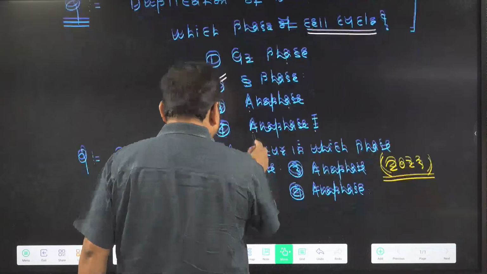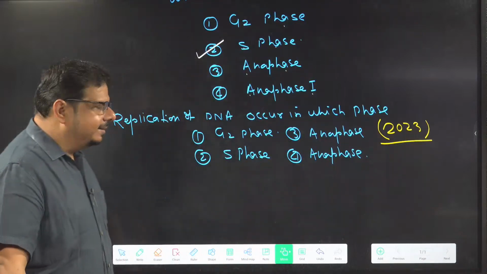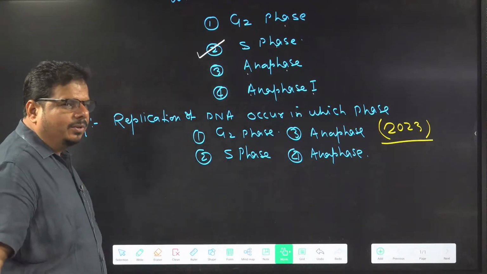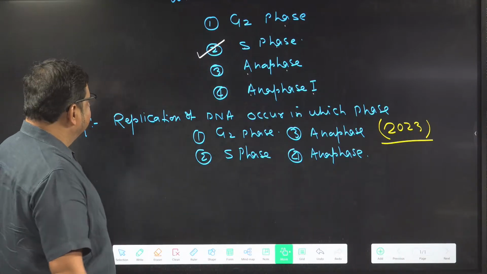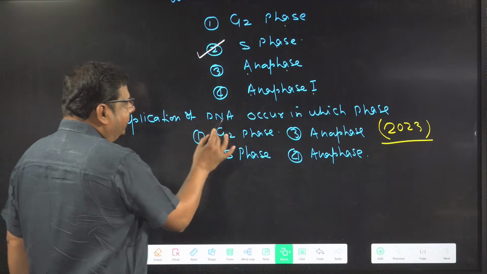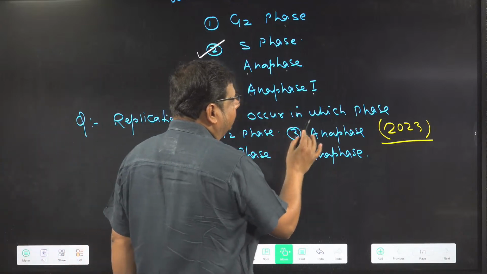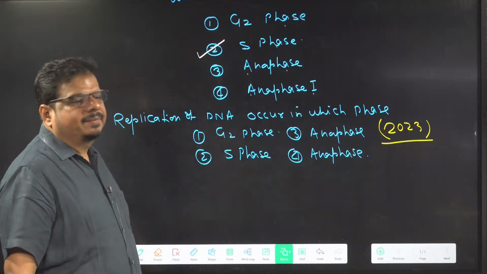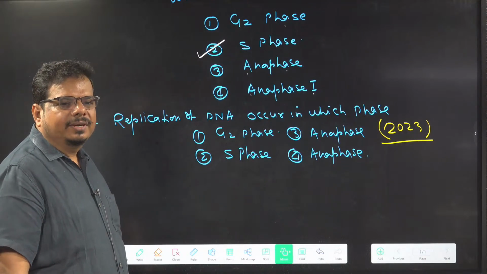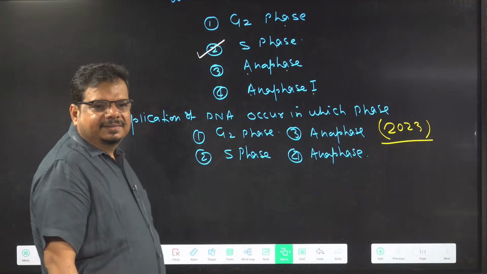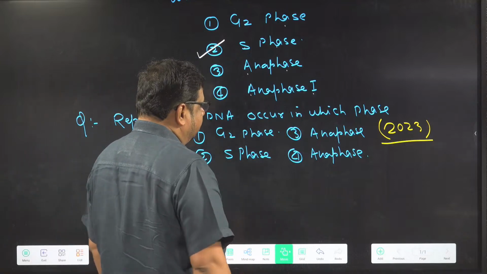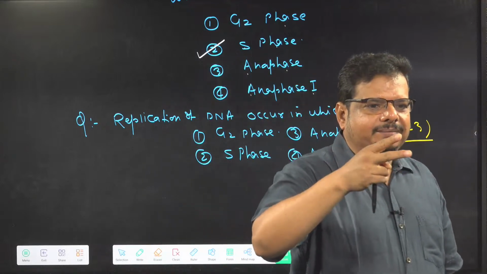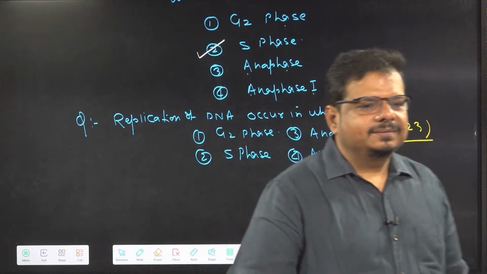And another question I asked here, and this is the 2023, this year's NEET question. If you recall, you will find. The question is, replication of DNA occurs in which phase? And the same options I have given. What will the answer be? Here the answer differs from student to student.